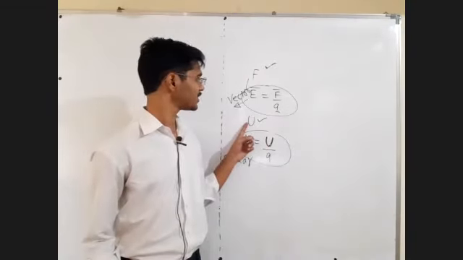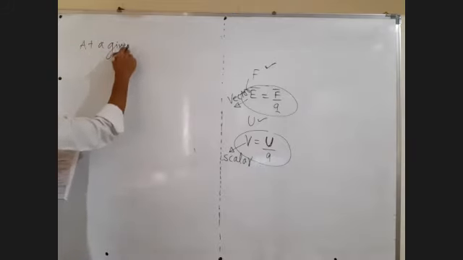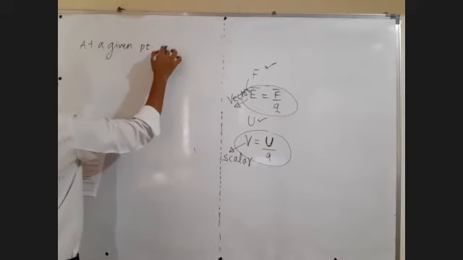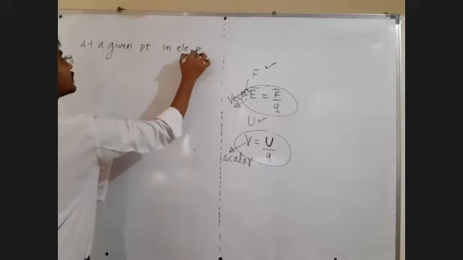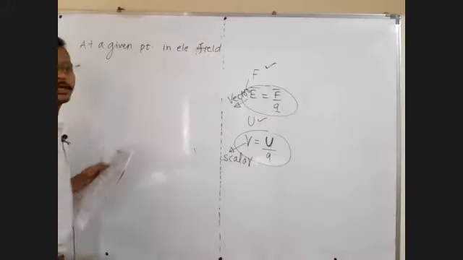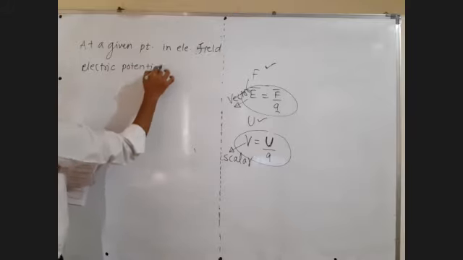Okay, sir. Next, write down the definition. At a given point in the electric field, electric potential is defined as the interaction energy of a unit positive charge.